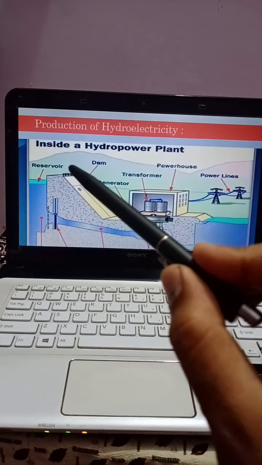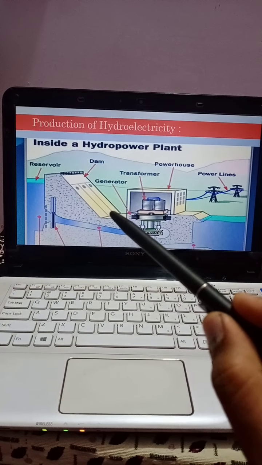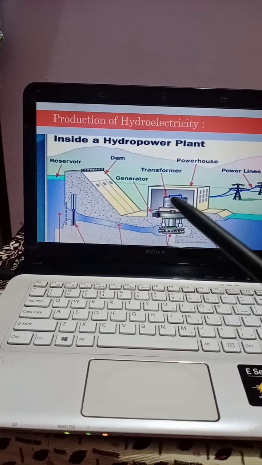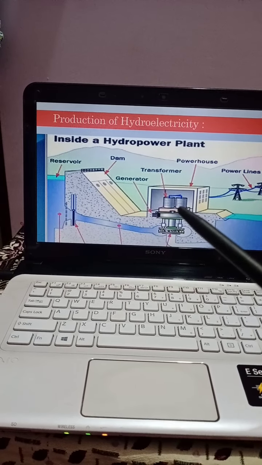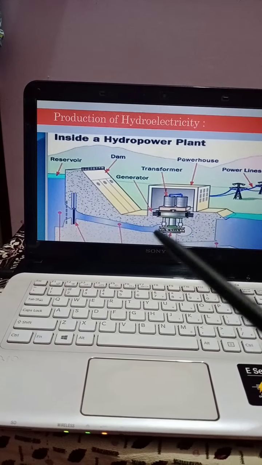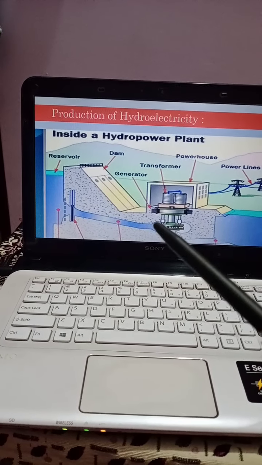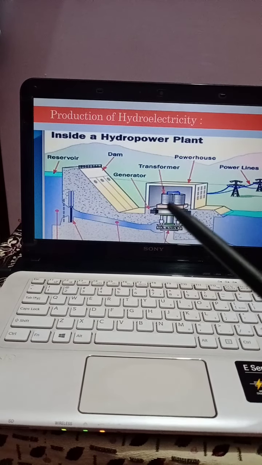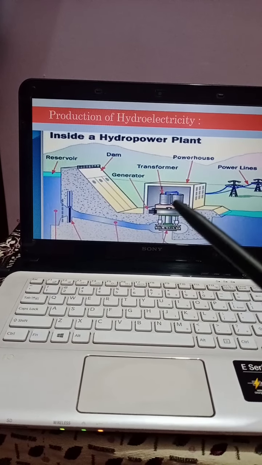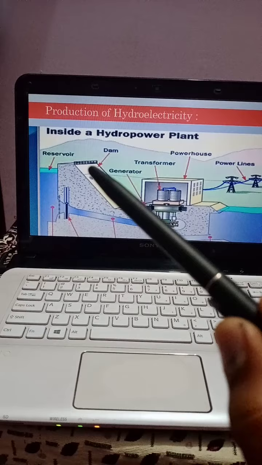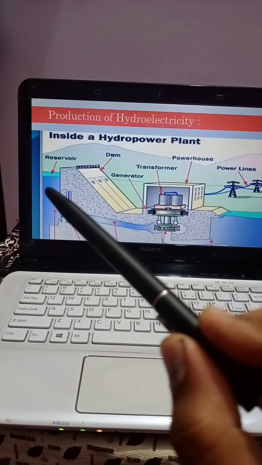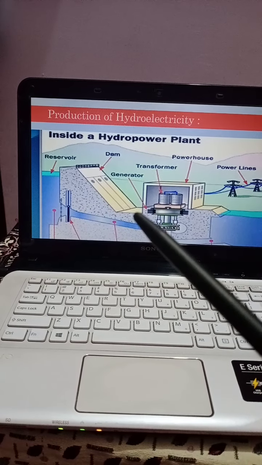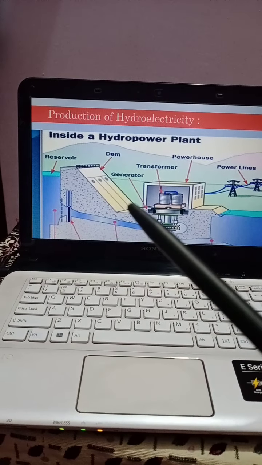this potential energy further converts into kinetic energy. Then the kinetic energy that the water possesses is given to the powerhouse and the turbine starts to rotate. Here this is the turbine which starts to rotate, and while rotating, the generator generates electricity.